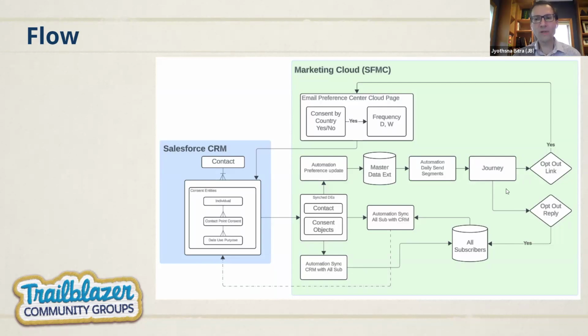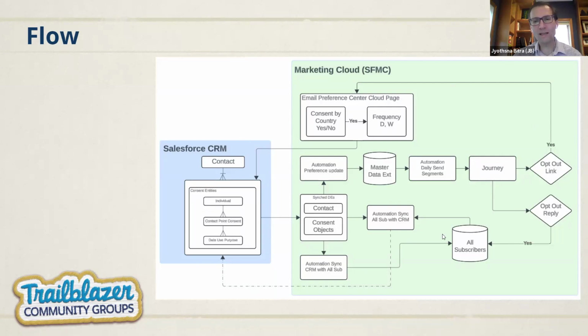When that email is sent, if the subscriber opts out using the unsubscribe link, that's going to drive them to that preference center. It's going to capture that data and capture it in the consent model in Salesforce CRM.